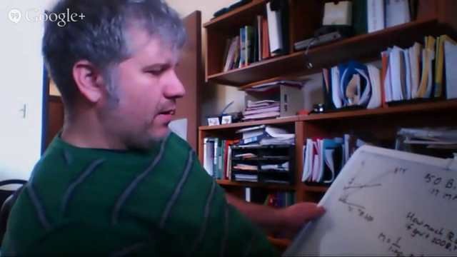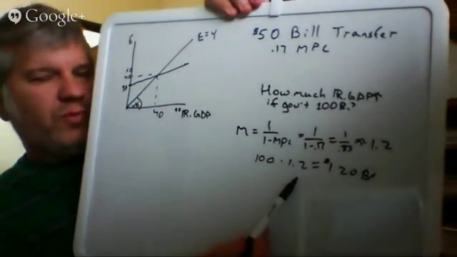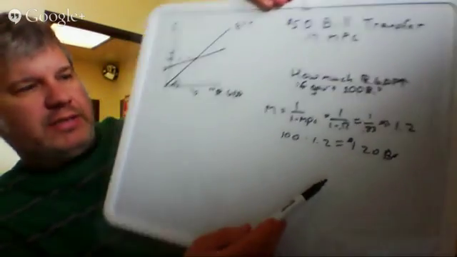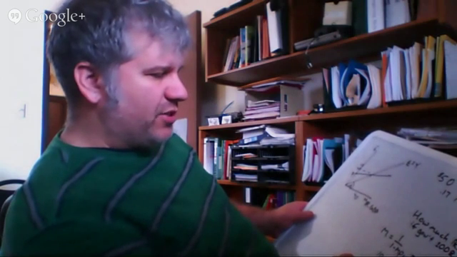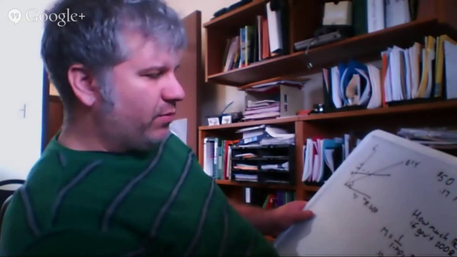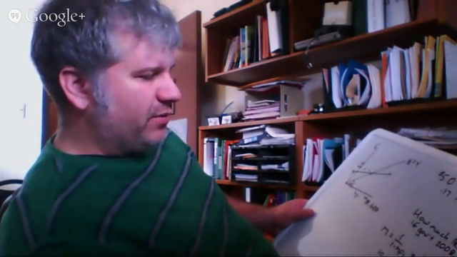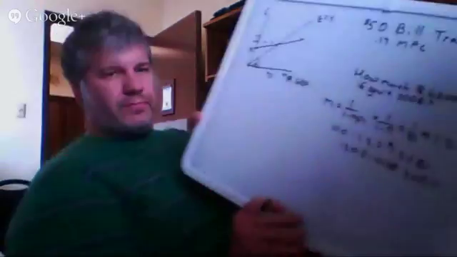I took the 100 billion and multiplied it times the 1.2, and that equals $120 billion in stimulus. The problem with that is the government sent out 100 billion, so you have to subtract the amount that government spending went out, and so that'd actually be 120 billion minus 100 billion, which is equal to 20 billion, the amount that you would see increase.